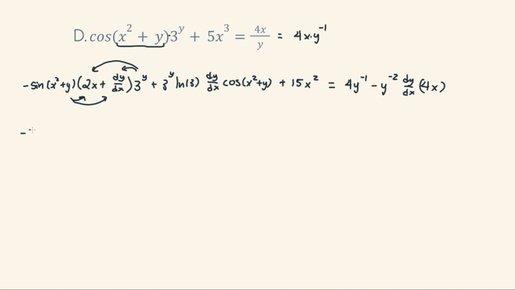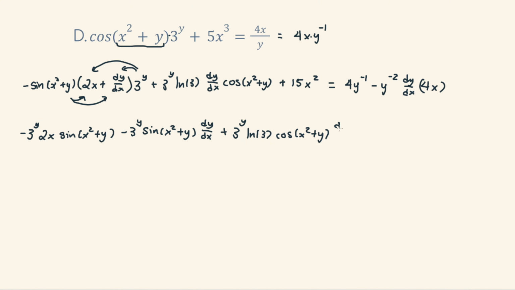So we've got minus 3 to the y times 2x sine of x squared plus y minus 3 to the y sine of x squared plus y dy over dx plus 3 to the y ln 3 cos of x squared plus y dy over dx plus 15x squared is equal to 4y to the minus 1 minus 4x y to the minus 2 dy over dx.